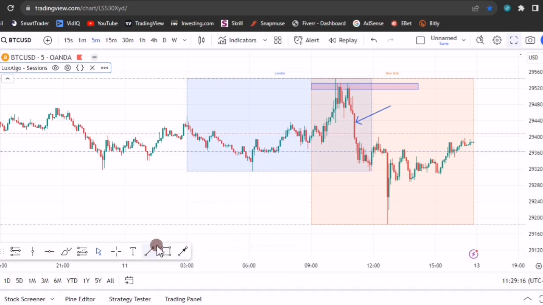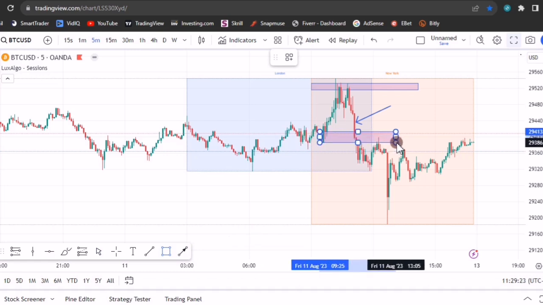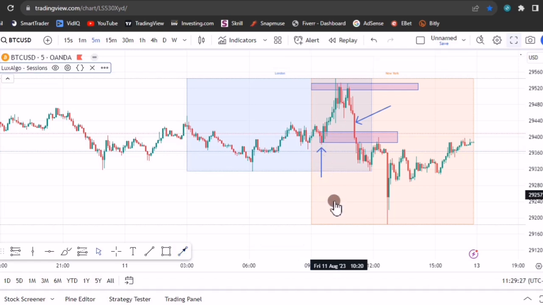All you do, you identify where the V started from, and this V started from that point. So when price closed below somewhere here, you take a sell, you catch that spike.